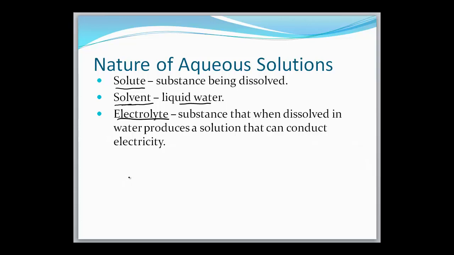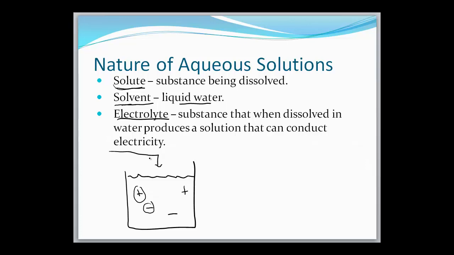Now, as we continue our discussion, we'll talk more and more about electrolytes, but what you want to think about with electrolytes is if you have a system, and when I say a system, I usually mean a beaker with water as the solvent. If you put a substance or a solute into that solution and it breaks apart into individual ions, both positive and negative, you'll produce an electrolyte.